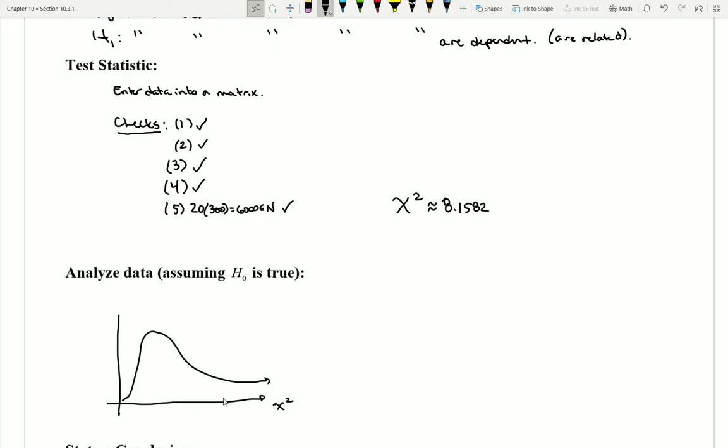8.1582. I'll even mark that down here on my picture. That's in relationship to 0. I'll then go ahead and sketch in my p-value. So my p-value is that shaded space, and I'll get it by doing the probability of a chi-squared being greater than 8.1582.